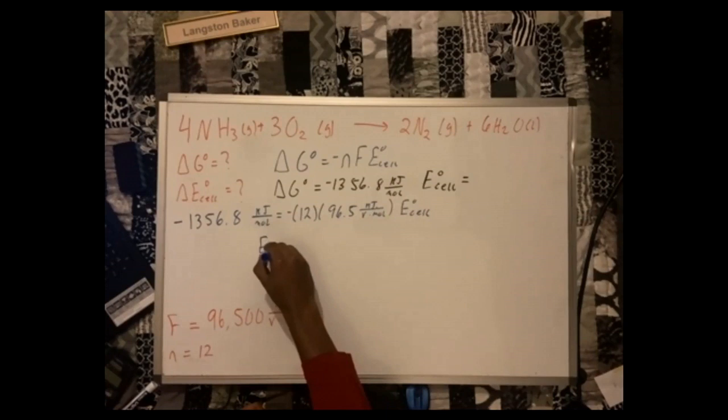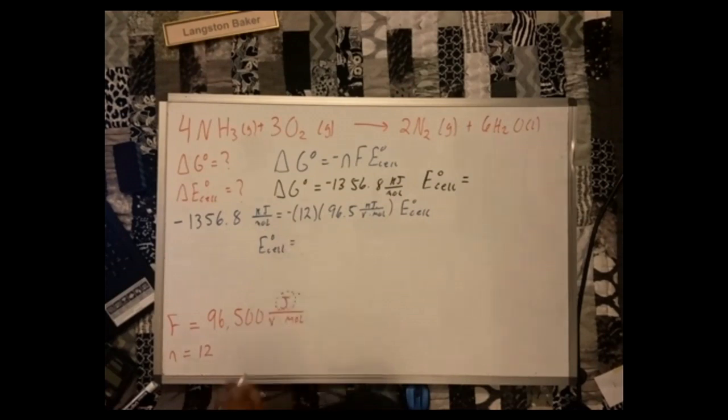So E of my cell is what? Sorry, Anastasia, you can still watch this back on YouTube, and because I usually put tags in the description, you can just skip to this question.